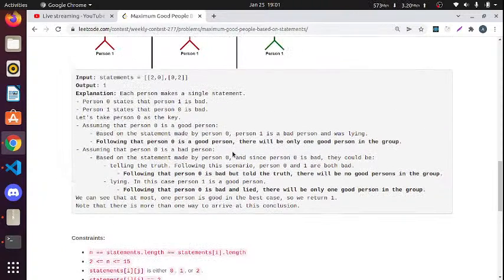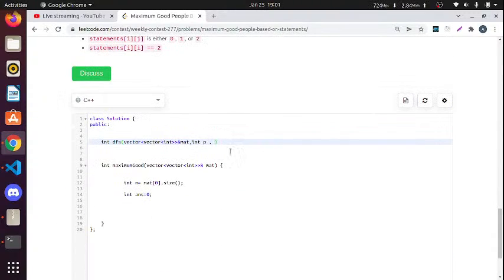The first thing is, suppose we have mapped that person 1 is good, so if he is good, all the statements should be right? All the validation that he has told. So we have to check with our previous answer whether there is any contradiction or not. If there is any contradiction, we will stop that part, that no, that is false, right?